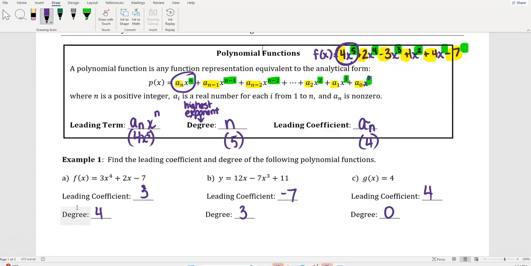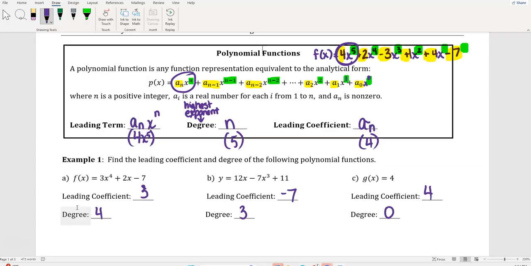So this polynomial that's given is not in standard form. The highest exponent is not written first. So -7 is your leading coefficient. There were also several of you that did have the 7, but you left the negative off. So you must include the sign in front of that term. Be careful with that. So you should have -7 and 3.